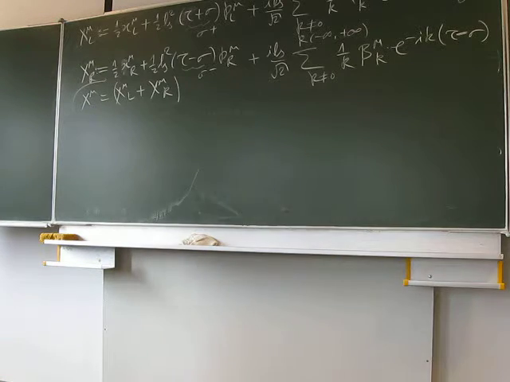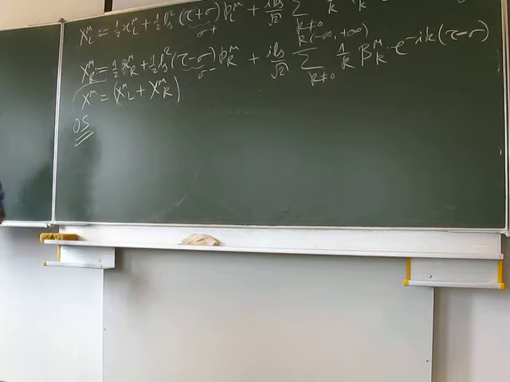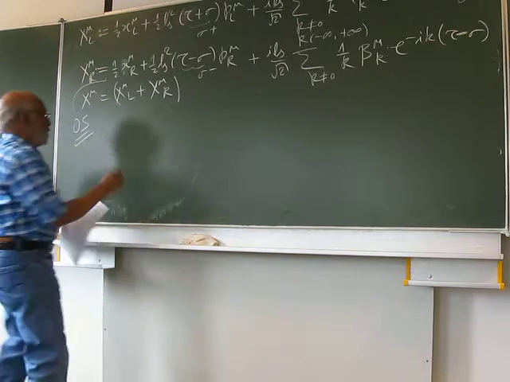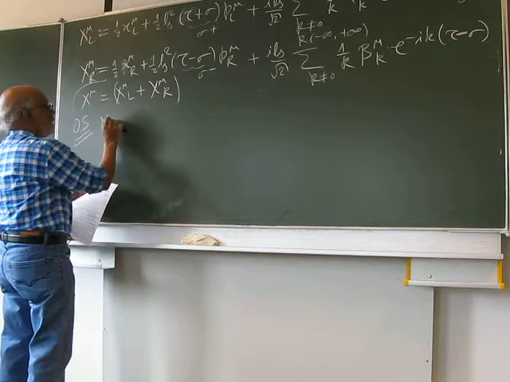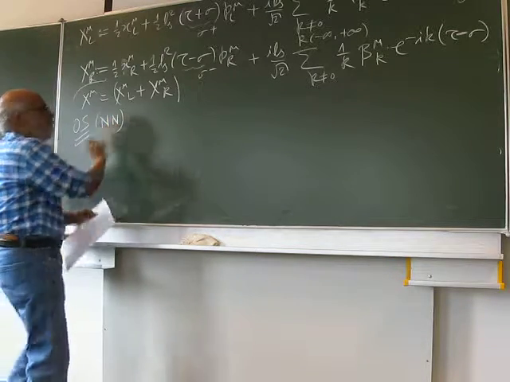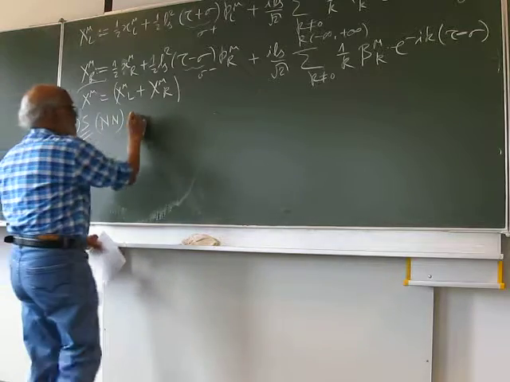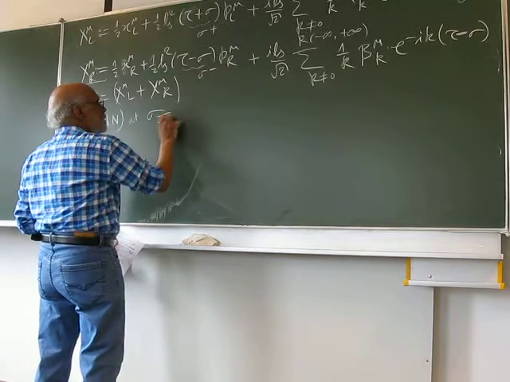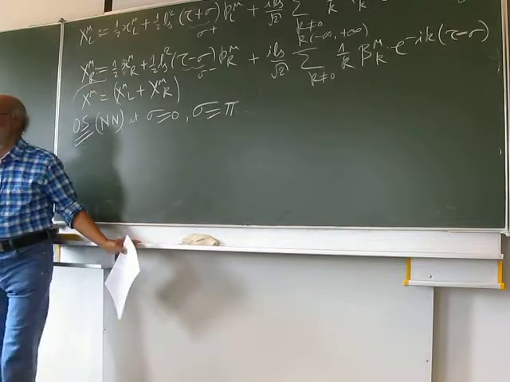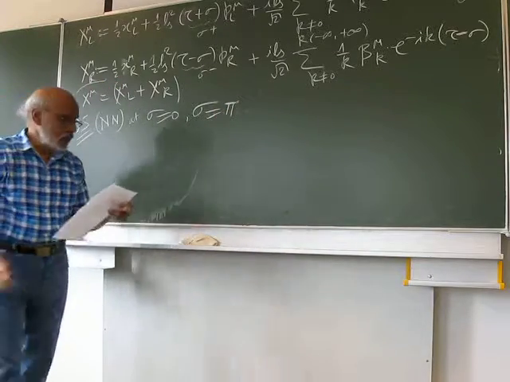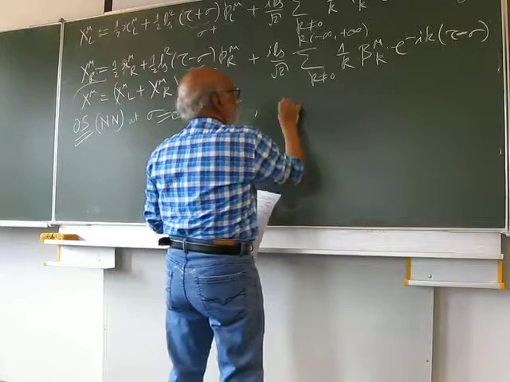Now, for example, we go to open strings with Neumann boundary conditions at both the ends, which means at sigma equal to 0 and at sigma equal to pi. And what is the condition?